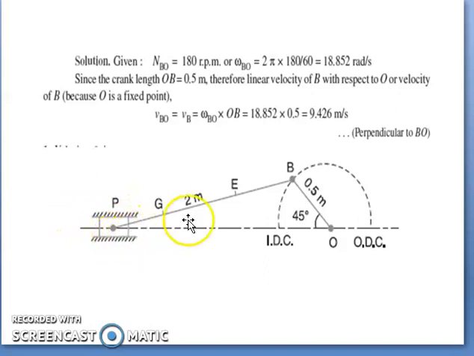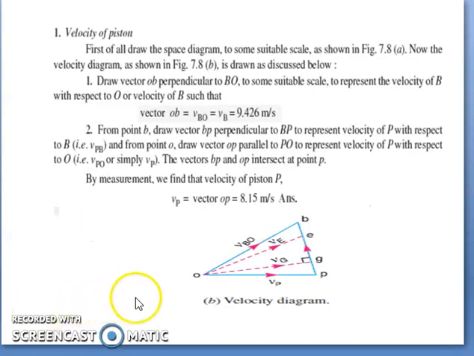Now next you have to find out the point P. So the point P is going to oscillate about the point B. So velocity of P with respect to O will be perpendicular to the link PO. So if you draw a perpendicular, that will give the direction of the velocity of P with respect to OB, or you can say that of the connecting rod.